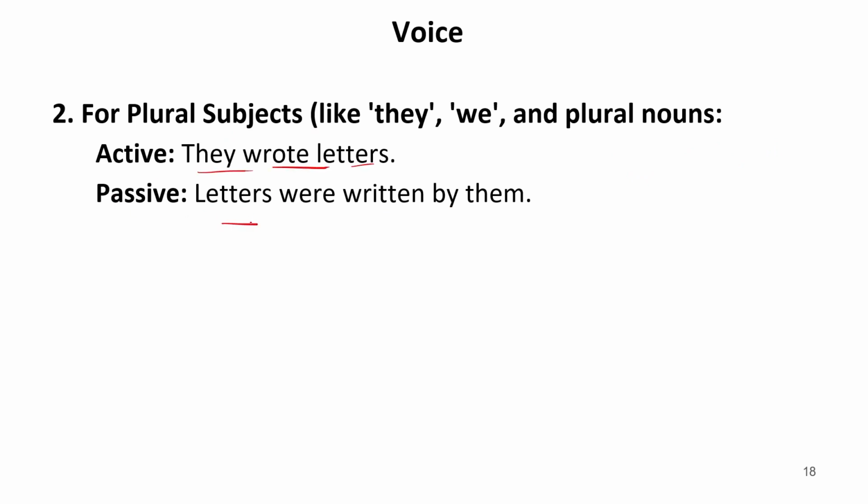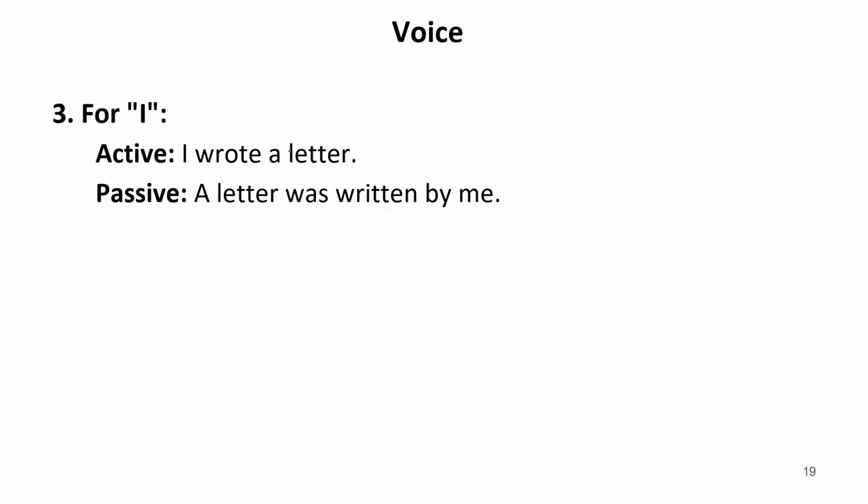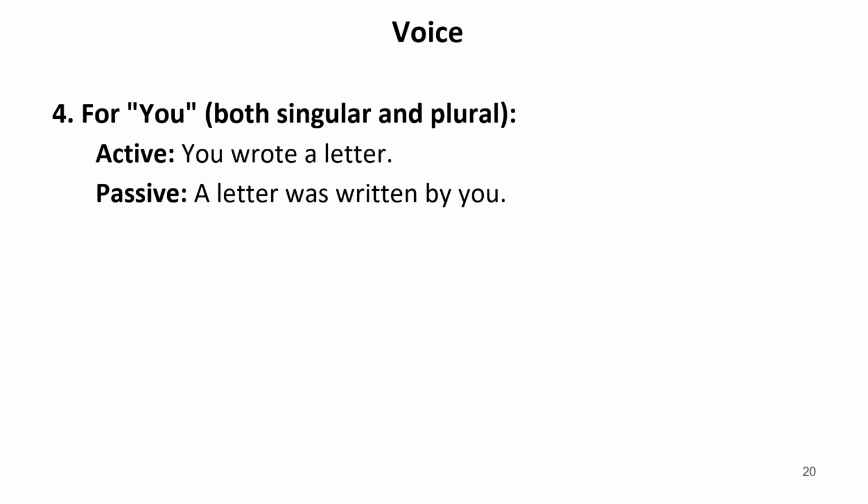Letters are plural, therefore were is used. Letters were written by them. They will be converted into them. So the correct passive voice is: letters were written by them. Now if we have the subject I: I wrote a letter, a letter was written by me. Simple. Then for both singular and plural, that is you: you wrote a letter, a letter was written by you.